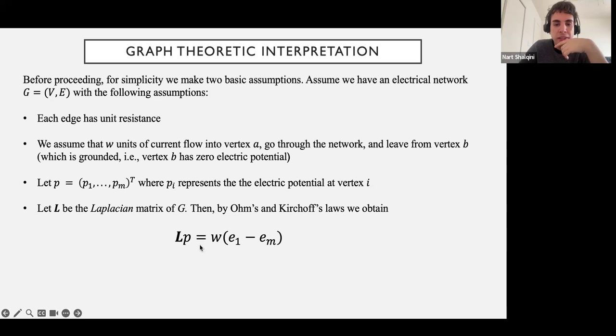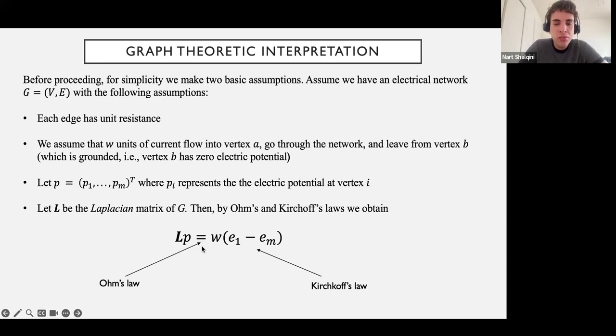So the equality itself follows from Ohm's law, since the right-hand side represents the total current that flows in and flows out, and the left-hand side represents the sum of individual changes in potential at each edge.